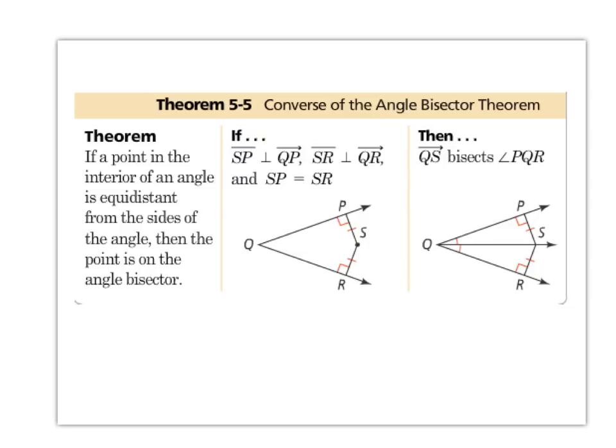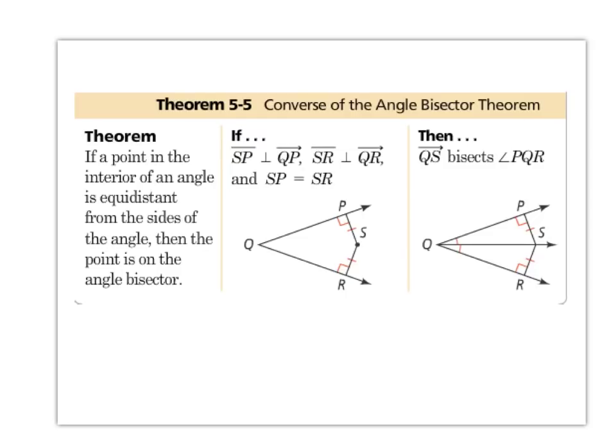All right, and now we have the converse of that angle bisector theorem. Just like the first theorem we were looking at, we get these in both directions. This one says if a point is in the interior of an angle, so it has to be inside that angle, in this case inside PQR, and it is equidistant from the sides of the angle, then the point is on the angle bisector.